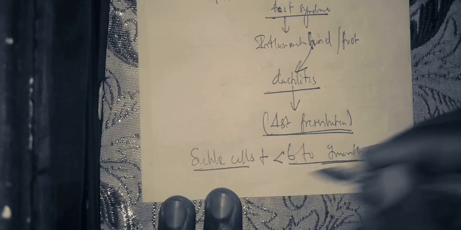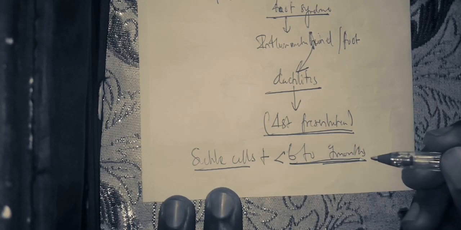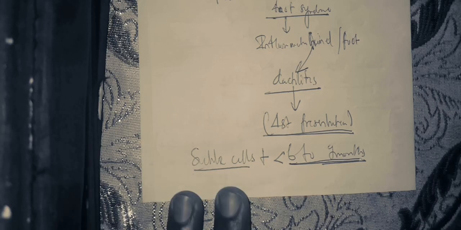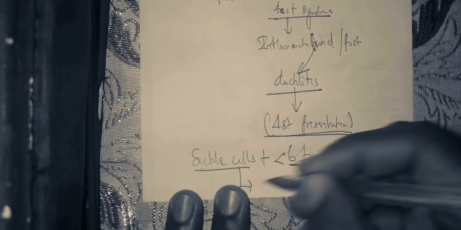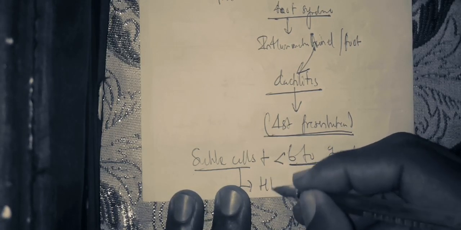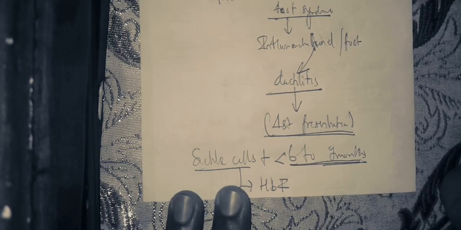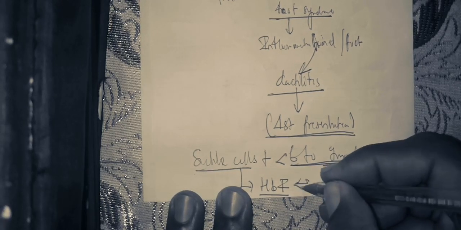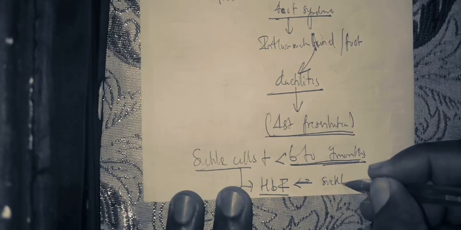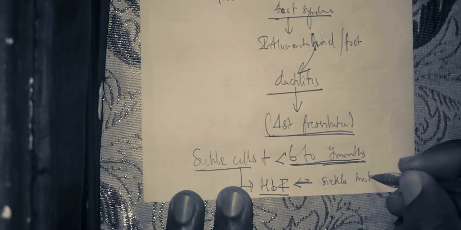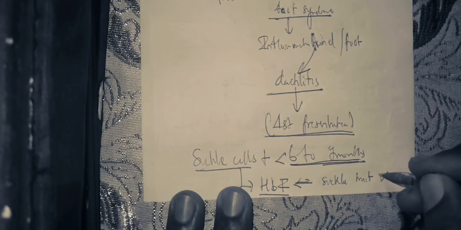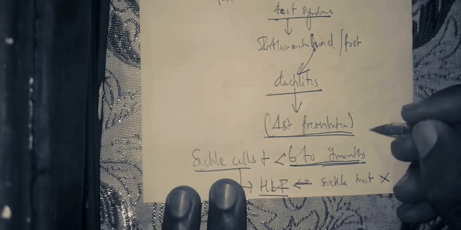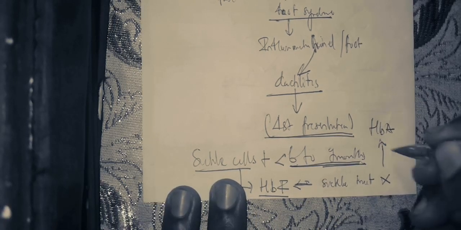Now the question is, why is it that patients less than 6 months do not present with sickle cell crisis or sickle cell disease? This is simply because when you are less than 6 months, you have what is called fetal hemoglobin. The sickle cell trait does not affect the fetal hemoglobin. It instead affects the adult hemoglobin.